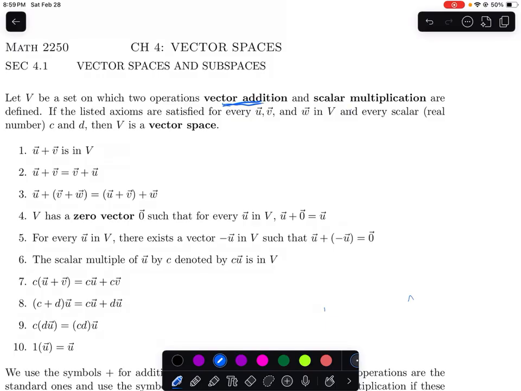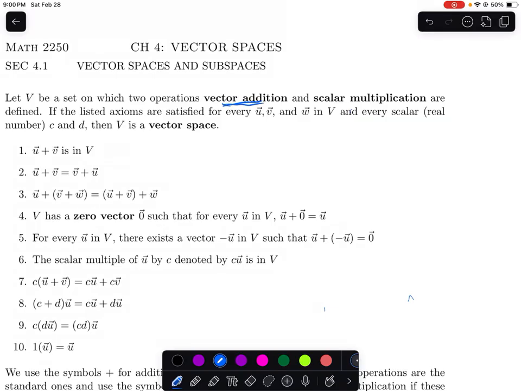So if those two are defined, what does that mean? It means if you add two vectors or two objects in the set, you must get the resultant inside the set. And then if you take an object from the set, a vector from that set, and you multiply it with any constant or any real number, the resultant must be in the set.